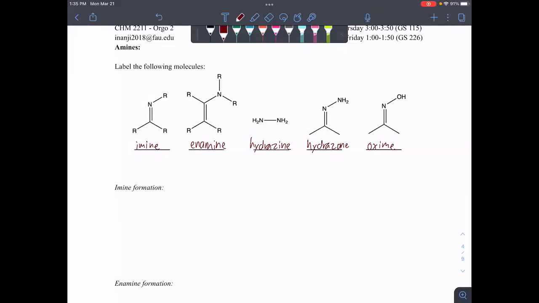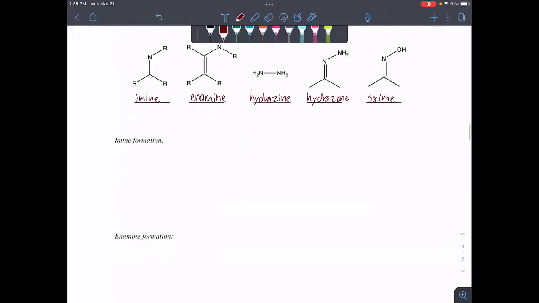Okay, but to form an imine, you take an aldehyde or ketone and give it a primary amine. For all these, you just memorize the starting thing, what you reacted with, and what functional group it gives you in the end.